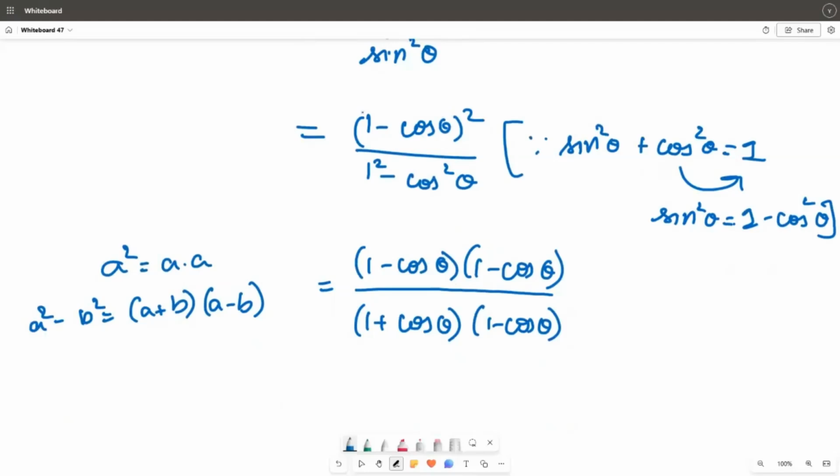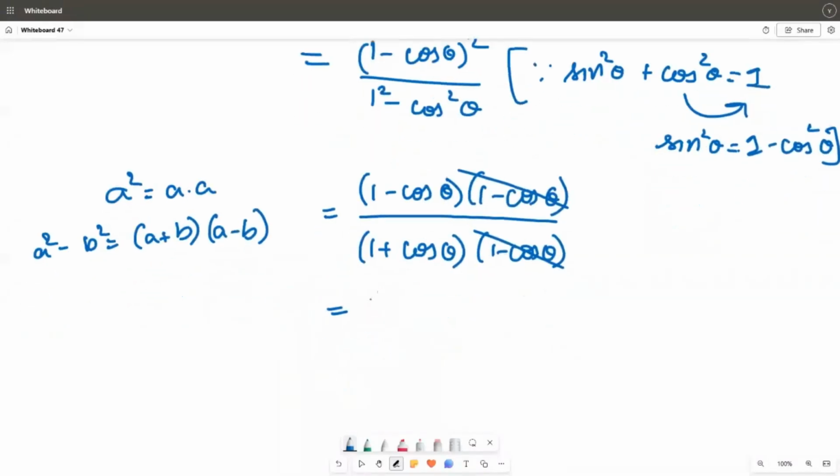In the denominator there is 1 minus cos square theta, and I wrote it as 1 square minus cos square theta, so that I can use the a square minus b square formula, a plus b into a minus b. The 1 minus cos theta in the numerator and denominator will get cancelled, and eventually we got 1 minus cos theta by 1 plus cos theta, which is actually the RHS given in the question.